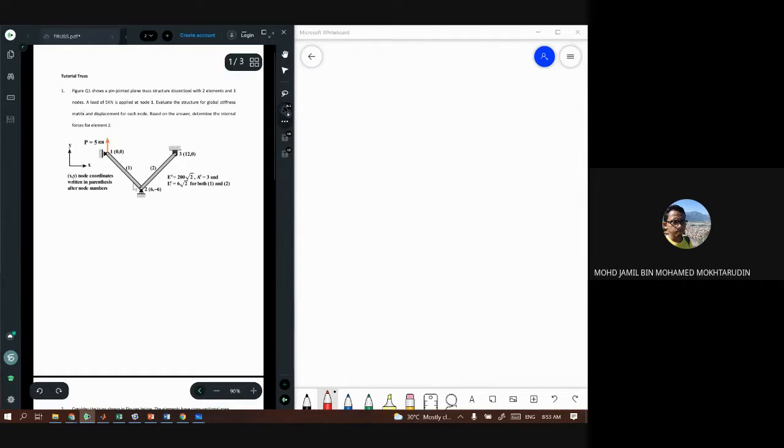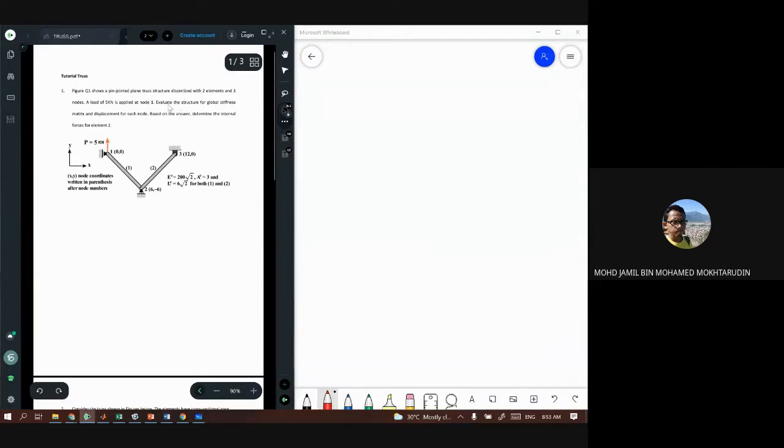Elements are the bars, so it's already given here. Element number 1 is the bar that has node 1 and node 2. Element number 2 is the second bar, which has node 2 and node 3. And a load of 5 kilonewton is applied at node 1.